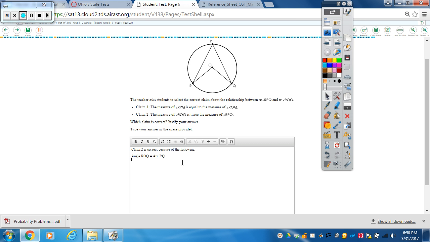And maybe even want to say something like this. Because the central angle equals the arc measure. And then you'd want to say something like this.